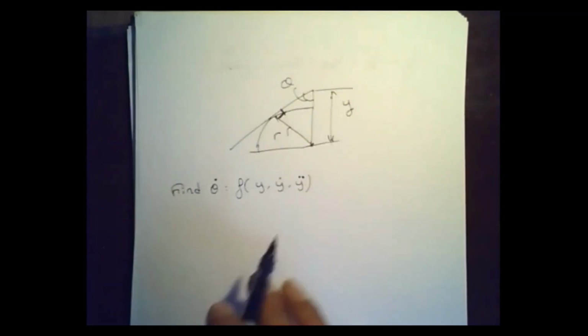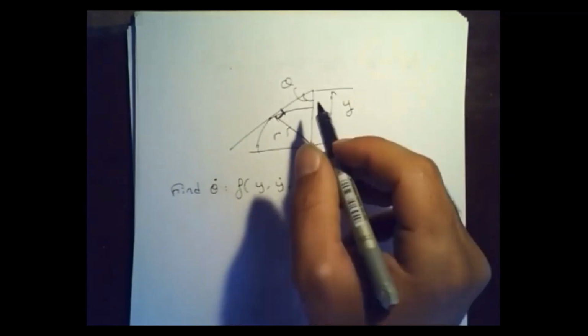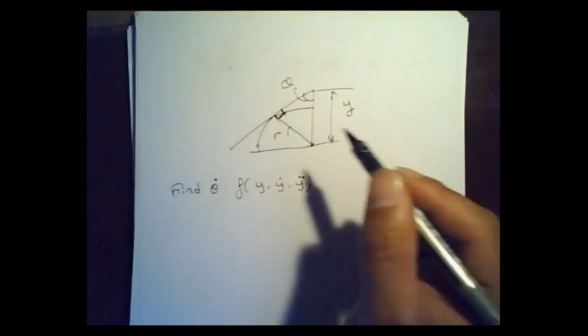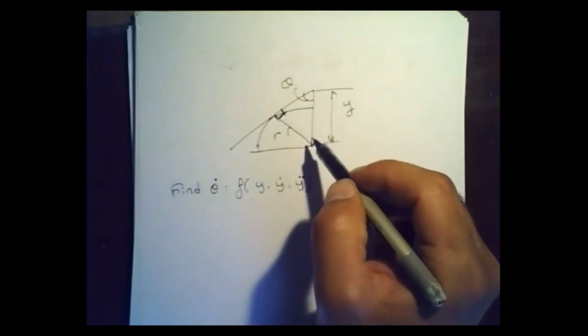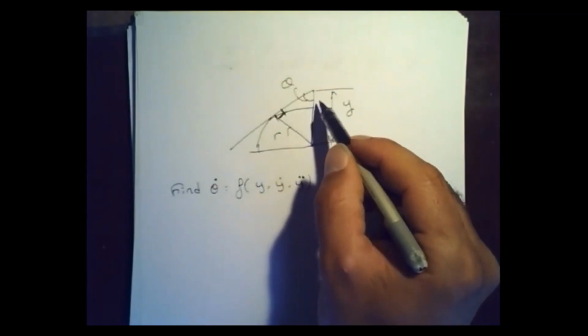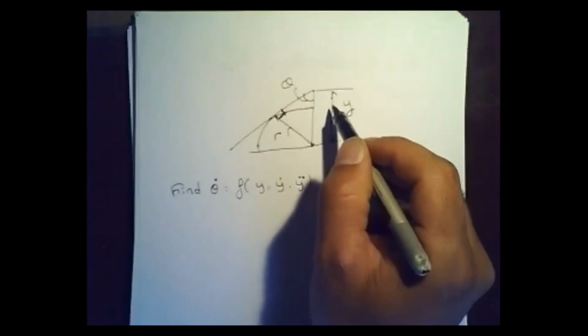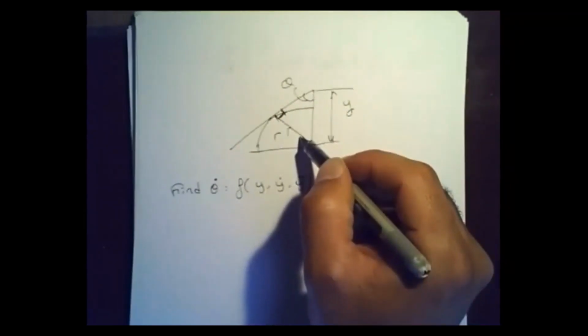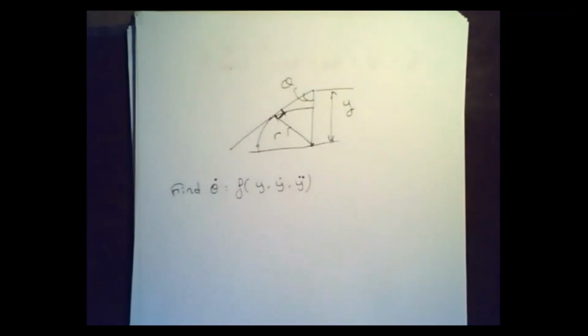Here it's primarily geometry, and what we can say is that y times sine theta is going to be equal to r. I'm going to share my screen back so I can show it to you clearly.